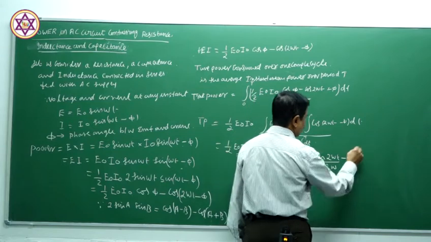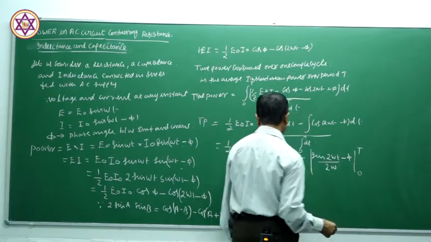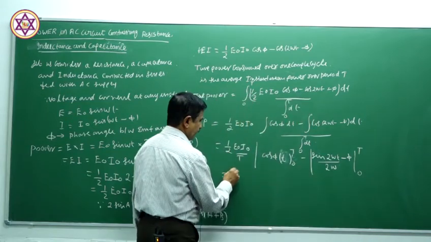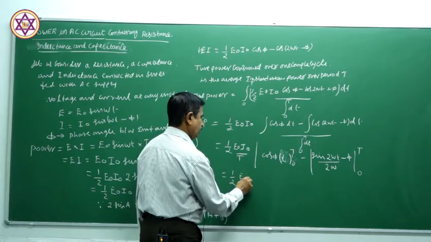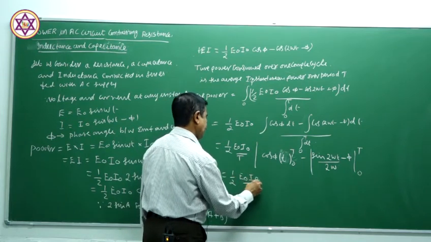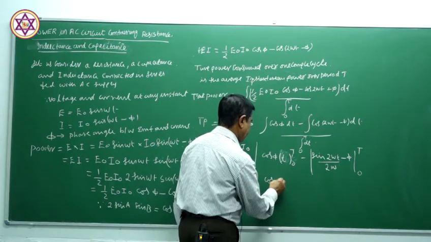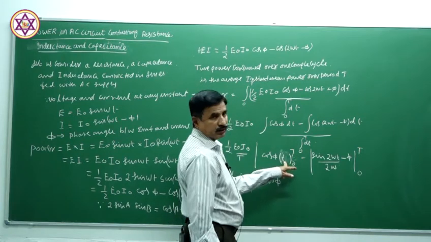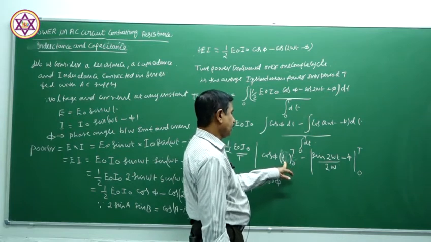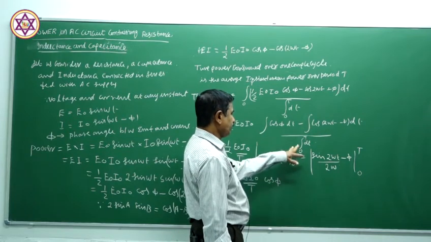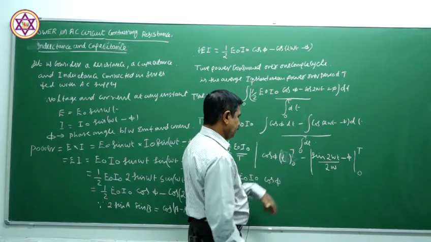Substituting the limits 0 to T, I am going to get half of E naught I naught by T. The cos phi I will write as it is, and the integral of dt between the limits 0 to T is T alone.